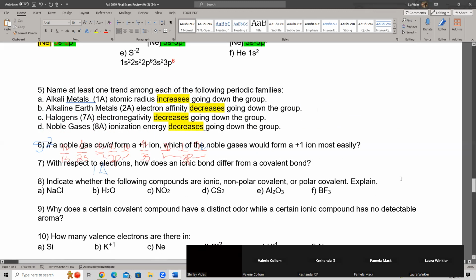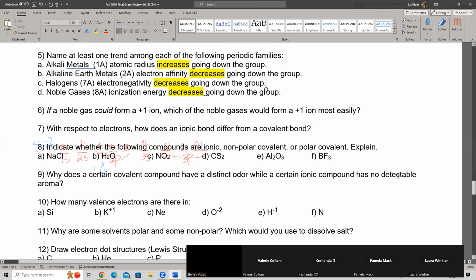All right, so now the question, this one pretty much relates to what we were just writing. It says, if a noble gas could form a +1 ion, which one would it form most easily? Okay, so notice that is ionization energy, right? You notice it says it decreases going down the group. So which one of the noble gases would form an ion more easily would be radon.